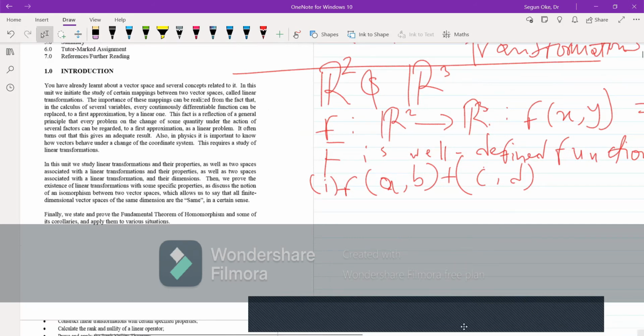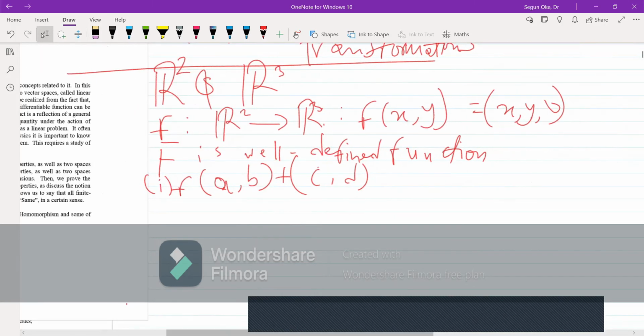We can see that from here we have the real numbers, R to the power 2. Then let's check. We have x, and now we have f of x comma y equals x comma y comma 0. Meaning that our f is well defined, as you can see, from R2 to R3.